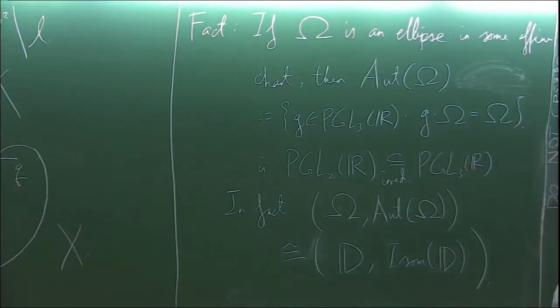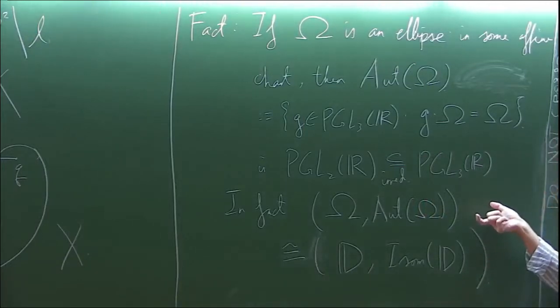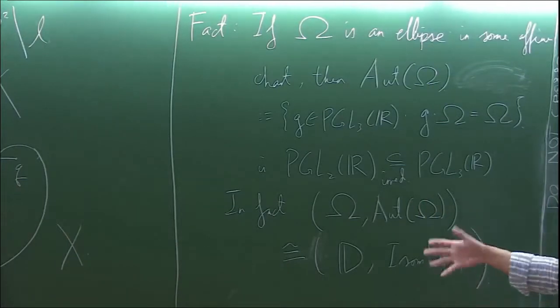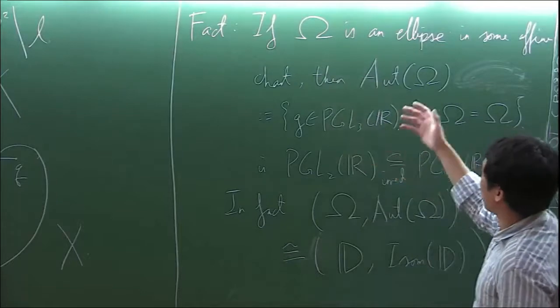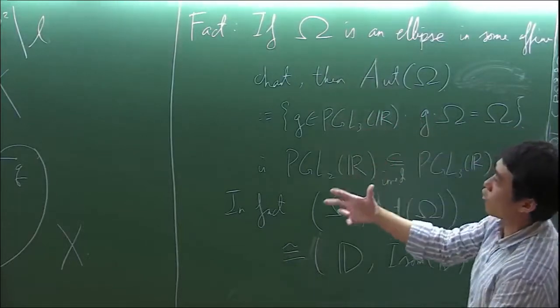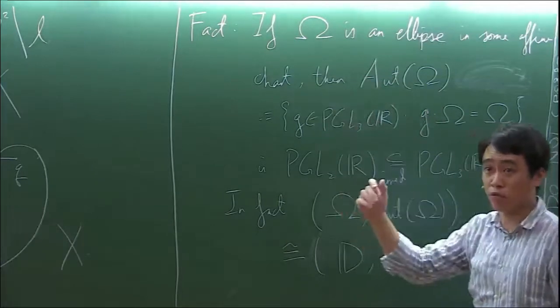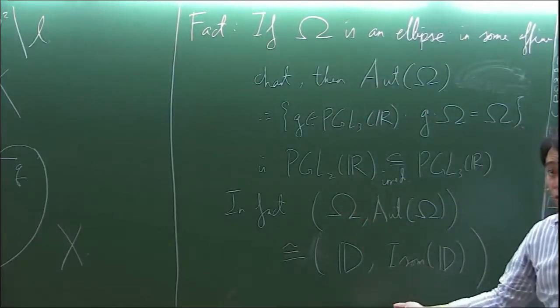And this isomorphism takes projective line segments to geodesic segments here. So one way you can think about what this fact is saying is that studying properly convex projective domains in RP2 is a generalization of studying isometries on the Poincare disk.